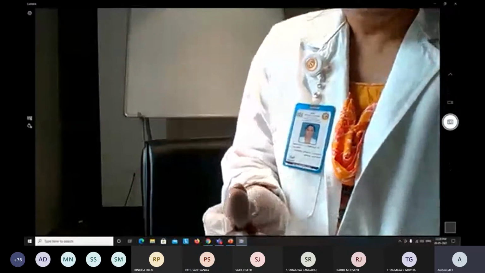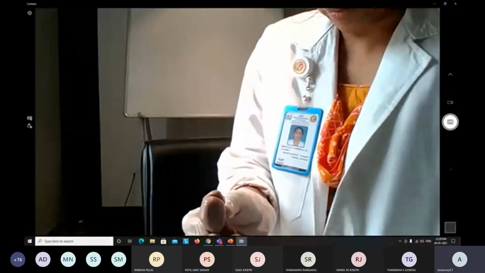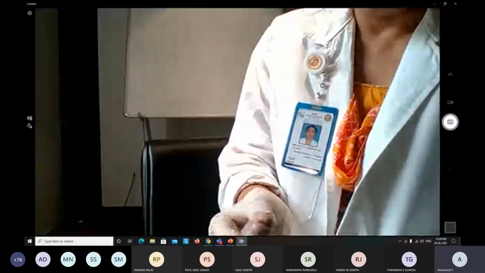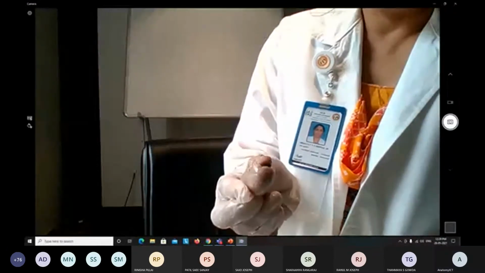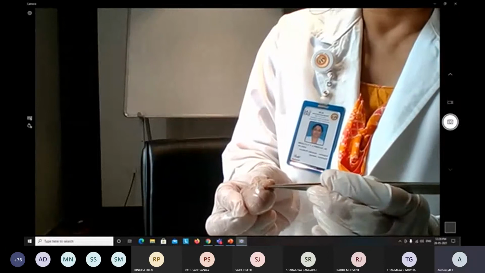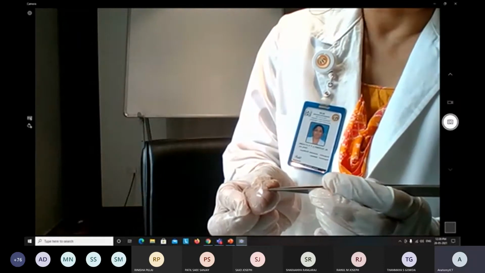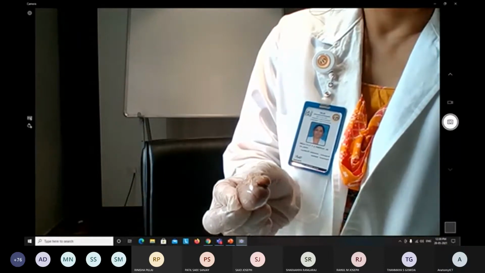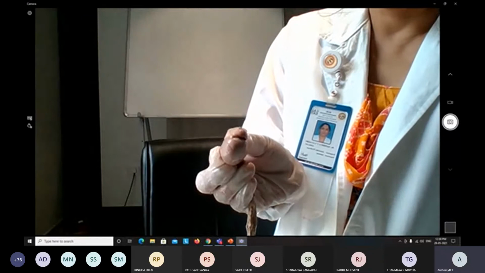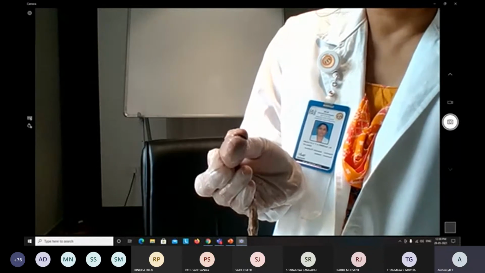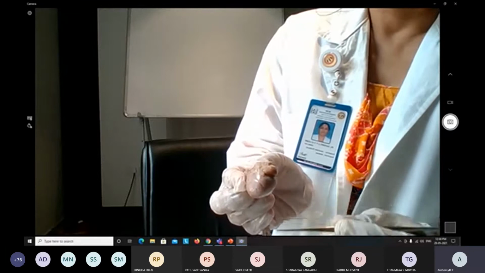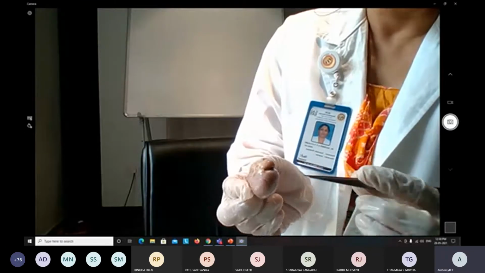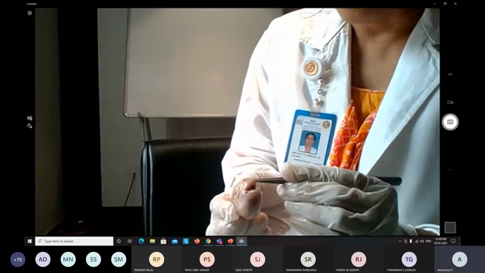Clear? And did I show that remnant of the testis? I showed one. Is it appreciable, this one? Remnant of the Mullerian duct. You see this small one. And sometimes even over the epididymis you'll find one small remnant.